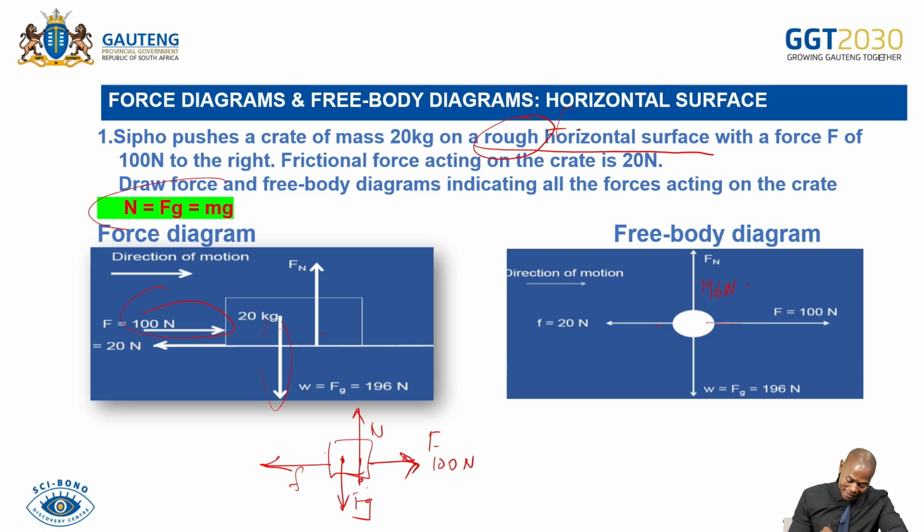Learners, there's another thing that I want to address here, is the issue of the normal force. How do we calculate the normal force? All right, for this scenario, the normal force is equal to negative weight, right?